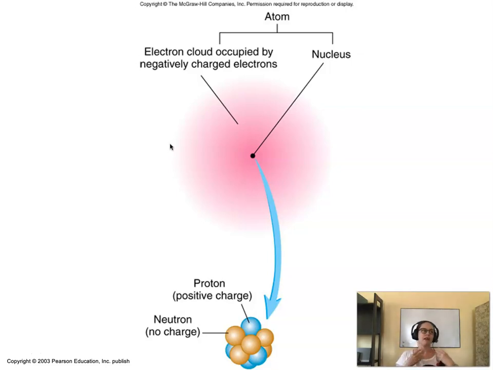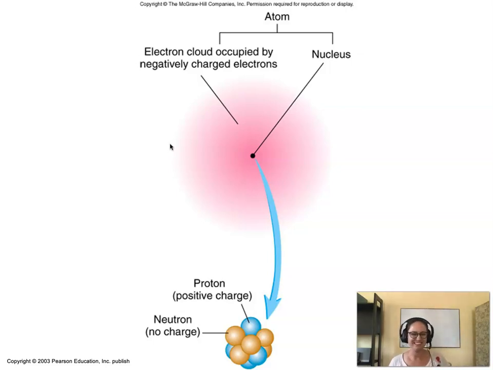So you can have elemental hydrogen, that could be one atom of hydrogen, it could be 10 atoms of hydrogen. As long as there's nothing else in that mix there, then you have the same properties, whether it's 1 or 10. So an atom is just one of hydrogen, or one of, let's see, that looks like carbon right there. Let's assume 6 of each, and let's say that's carbon.